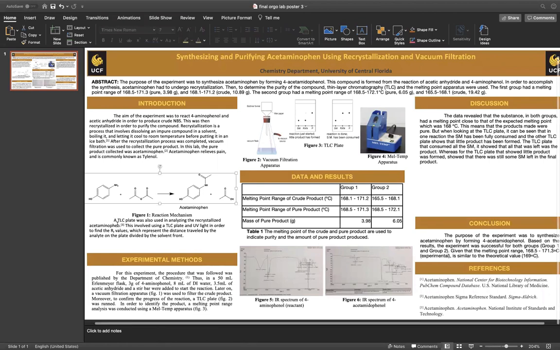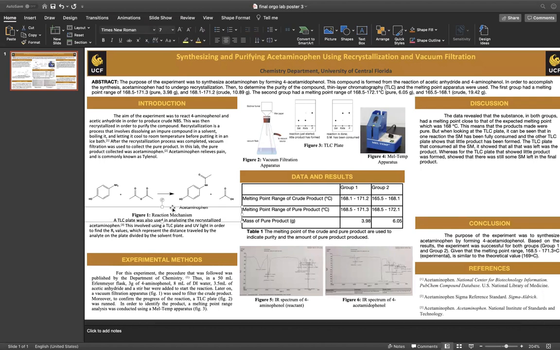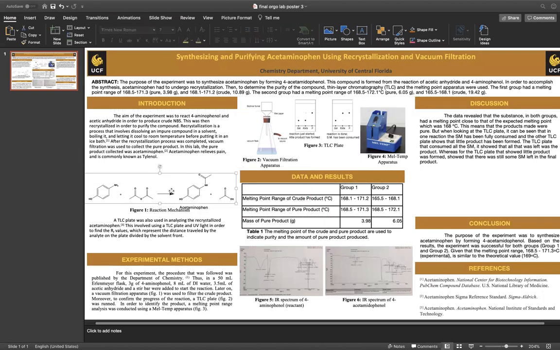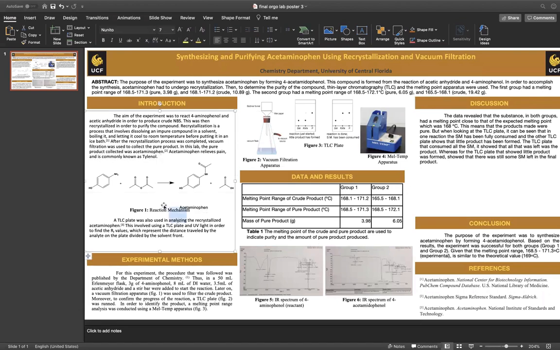I'm just going to read right here. A TLC plate was used to analyze the recrystallized acetaminophen. What exactly is the purpose of TLC? Are we analyzing the recrystallized acetaminophen? Could there be a better term? This involved using a TLC plate and UV light in order to find the RF values.